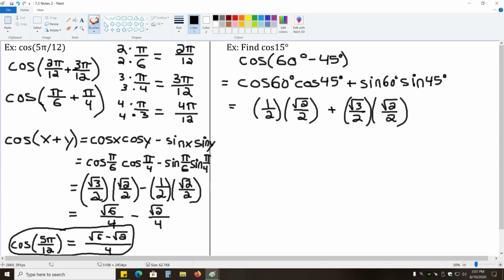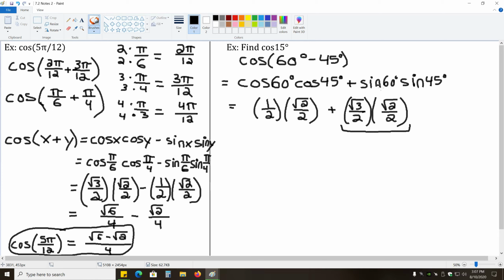If you had done this with 45 degrees and 30 degrees, then cosine of 45 would give you the square root 2 over 2, and then cosine of 30 degrees would give you the square root of 3 over 2. Combining those two things that we just said together, your first term would be this one.